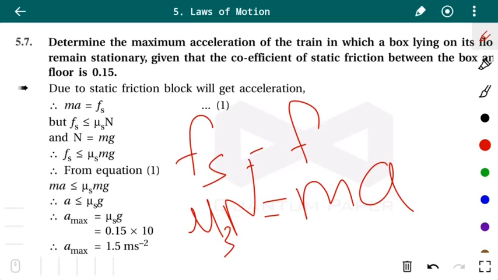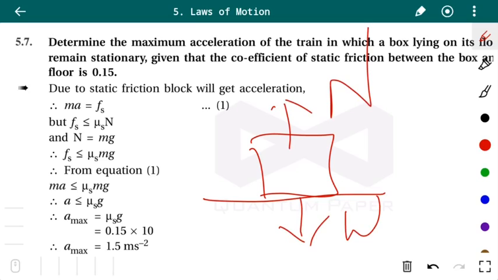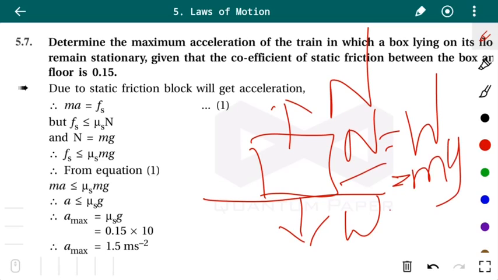Here the static friction provided balances the external force, Fs equals to F, F equals to ma, and static friction equals to mu s N. Now we know that the object is not moving, so two forces are acting on it: W, that is weight in the downward direction, and N in the upward direction, that is the normal force. So by the equilibrium condition we can write N equals to W, that is W equals to mg. So N equals to mg.